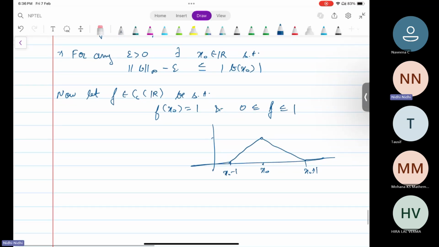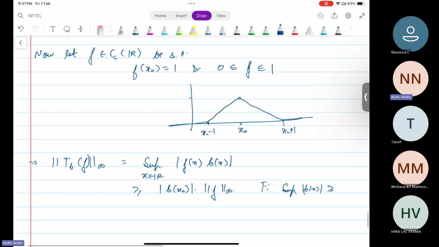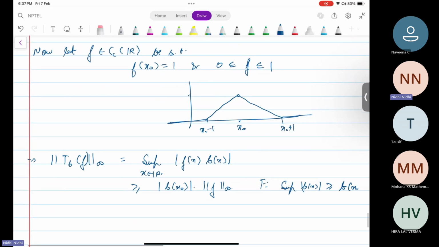So in this case, the norm of T_B f, the sup norm, is equal to the supremum over x in R of f(x) B(x). Now this is obviously greater than or equal to modulus B(x naught) times the supremum norm of f, because the supremum over B(x) is obviously greater than or equal to the value of B at the point x naught.